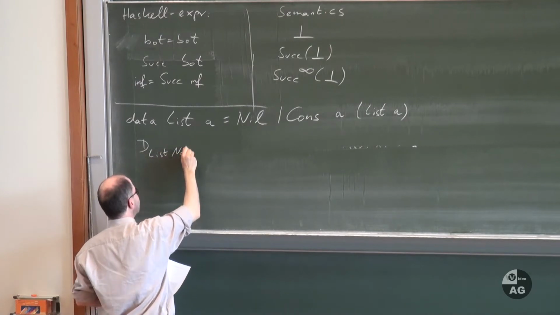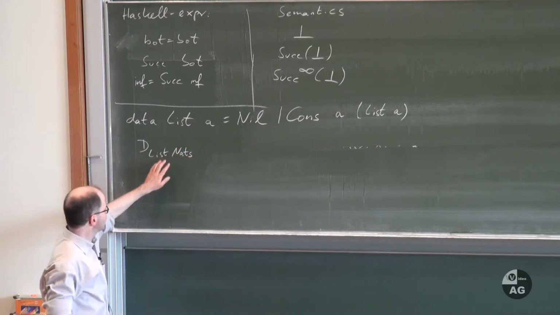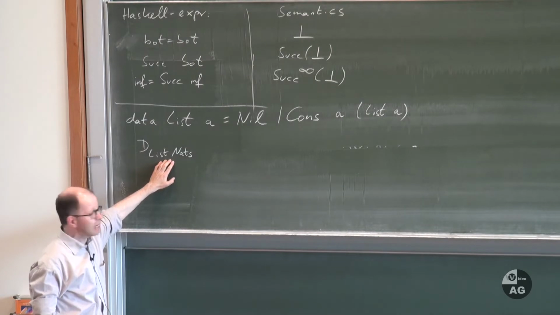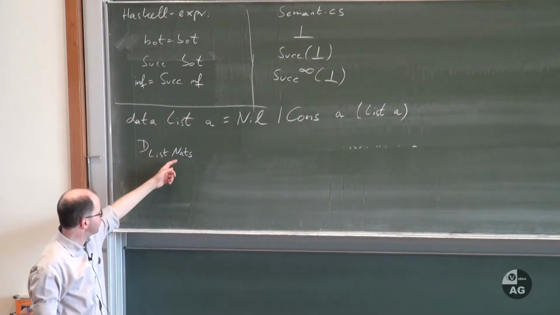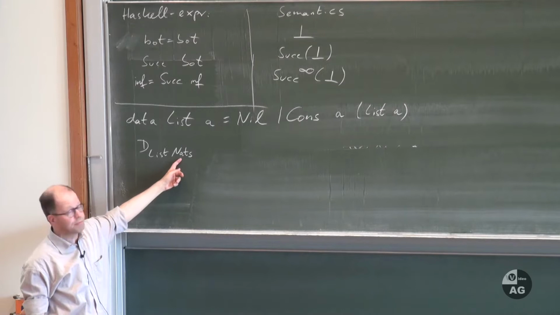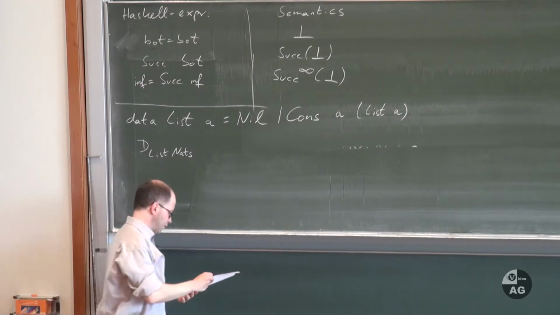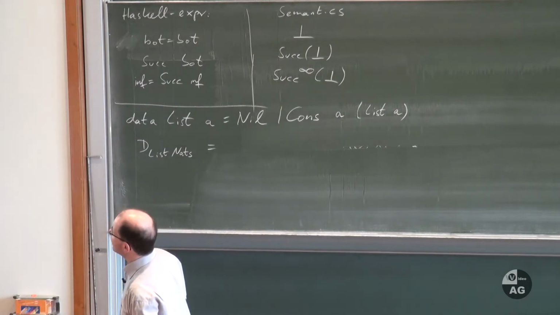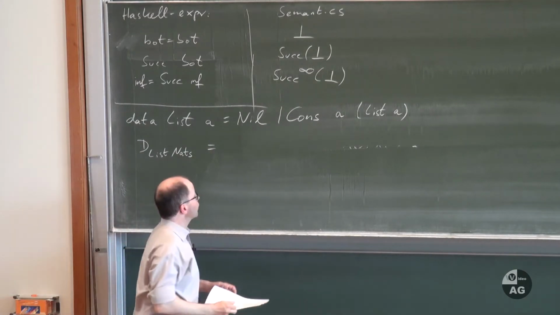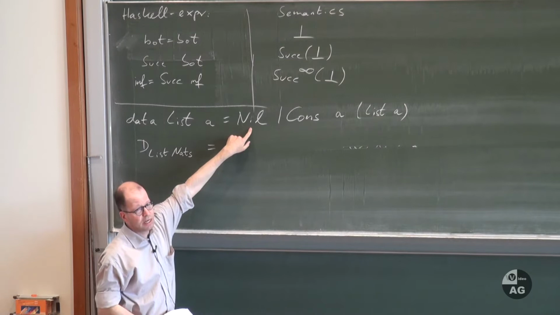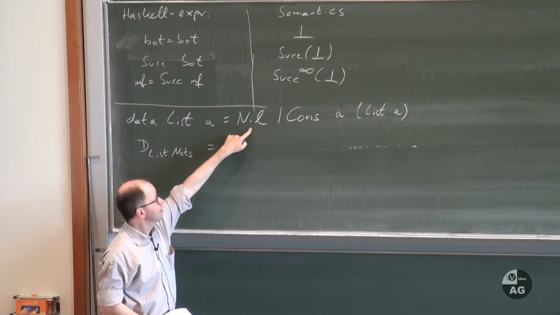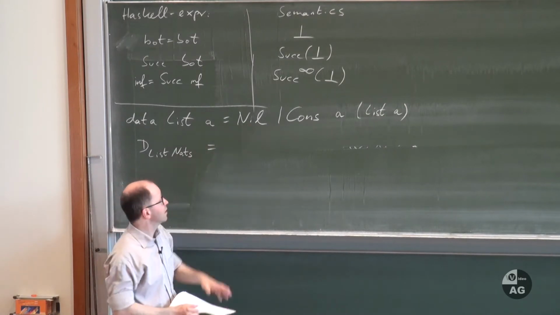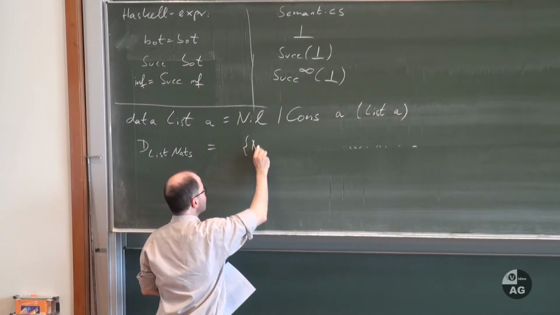What is the domain for list nuts? Now, list nuts clearly is a data type. It's the data type of lists where the list elements are from the type nuts. So how would we construct this? Well, we would do this as we did it on the slide. So we would look at the domain for elements that start with nil. Well, these are either nil or bottom.